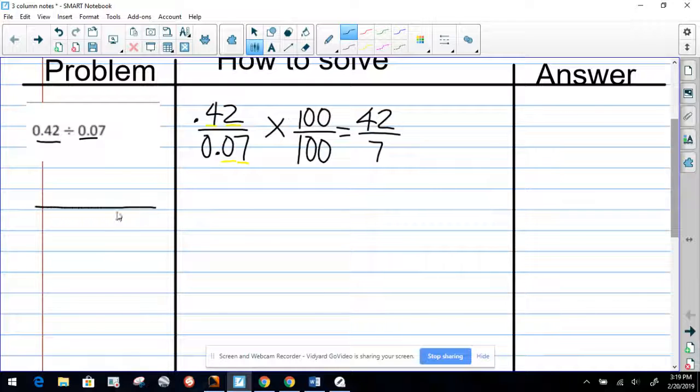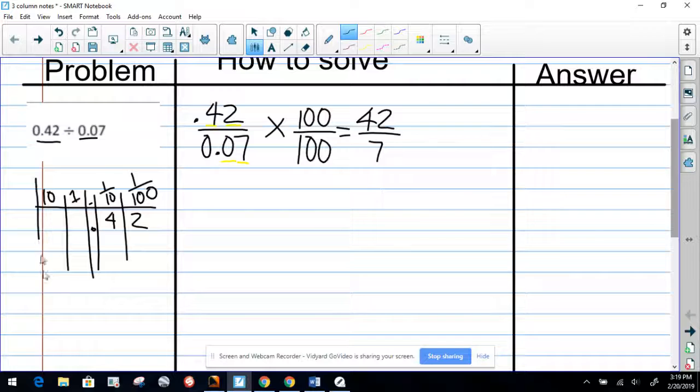If you have here's a decimal point, and you have 42 hundredths, right? Let's see, 42 hundredths right here. These are the tenths, and these are the hundredths. Okay, and these are going to be your ones and tenths right here.